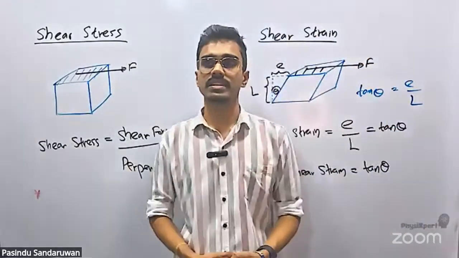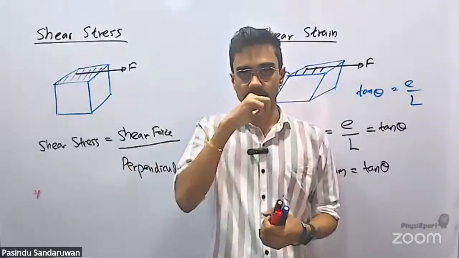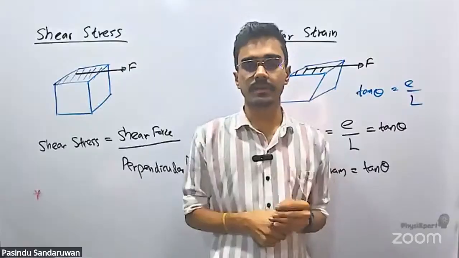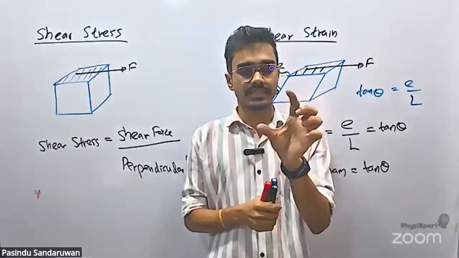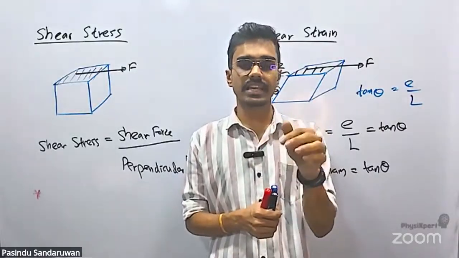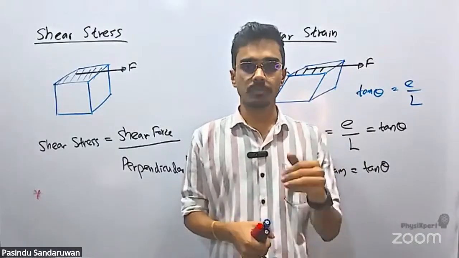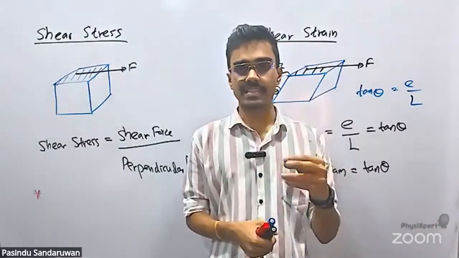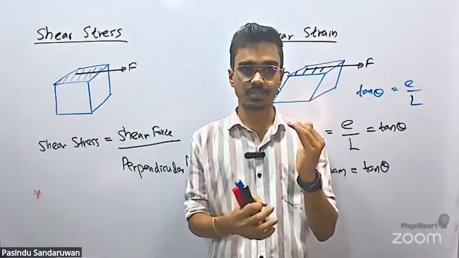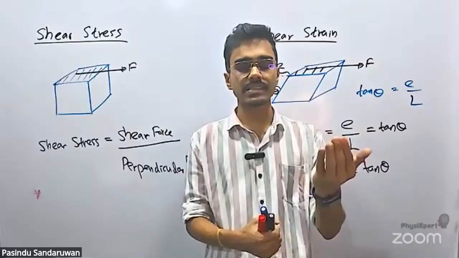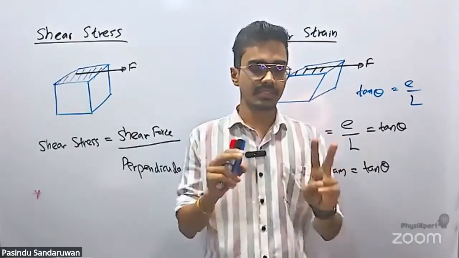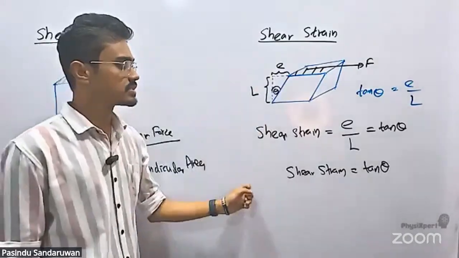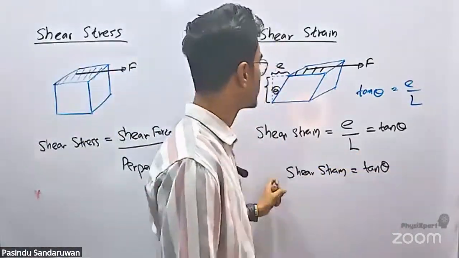One comparable scenario is in optics. We usually have linear magnification, but for optical instruments linear magnification cannot be measured, because object heights, object distances, image heights and image distances cannot be measured. So instead we measure an angle as angular magnification. Very similar idea: since these lengths cannot be measured, the angle is measured. So shear strain is defined as tan theta. Take it down.